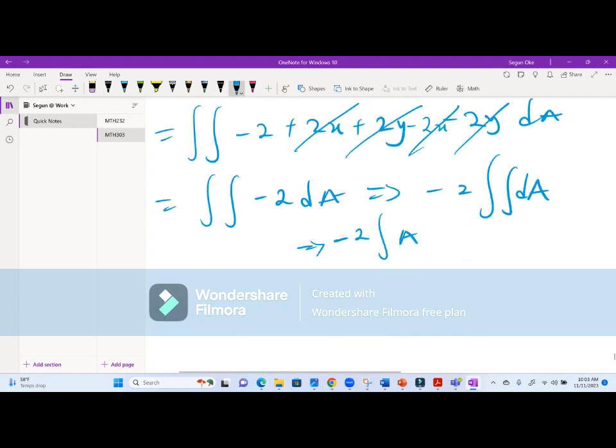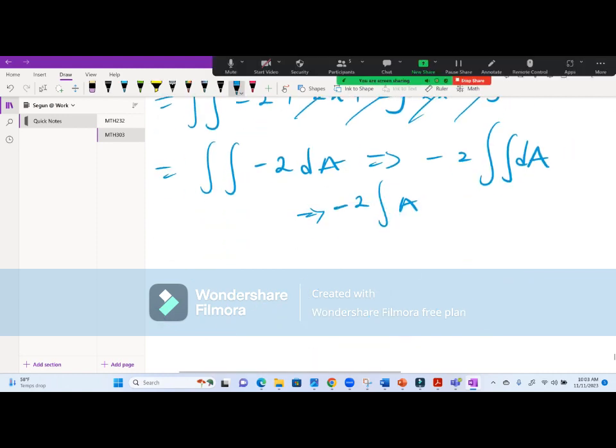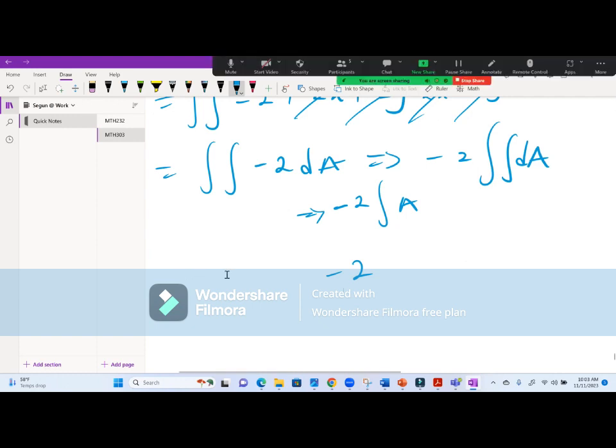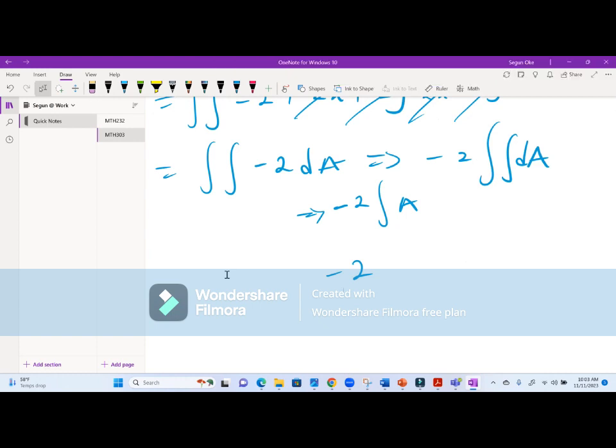Yes, sir. So you can tell when you have a constant, it's still going to be constant. Look at it very well. No, integration can never be 0. Don't forget.